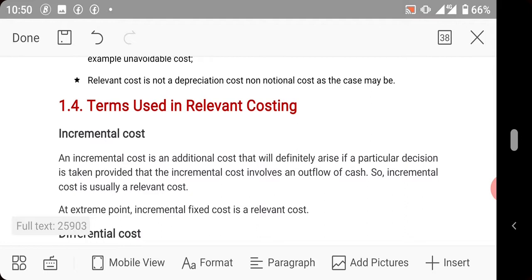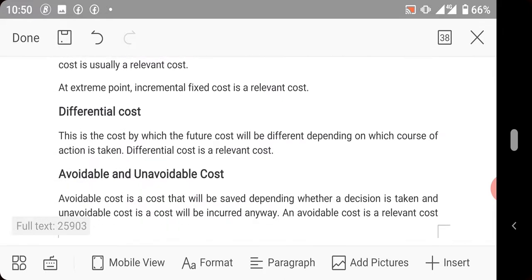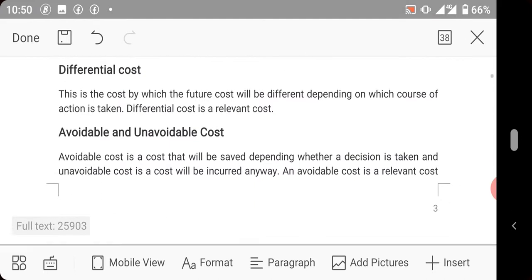And incremental costs are usually relevant costs. Differential cost is a cost by which the future cost will be different from the old one, depending on which course of action is taken. And differential costs are relevant costs.